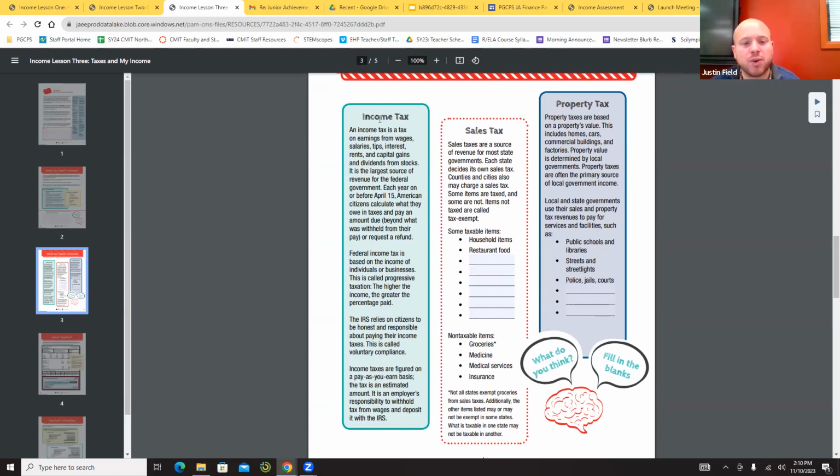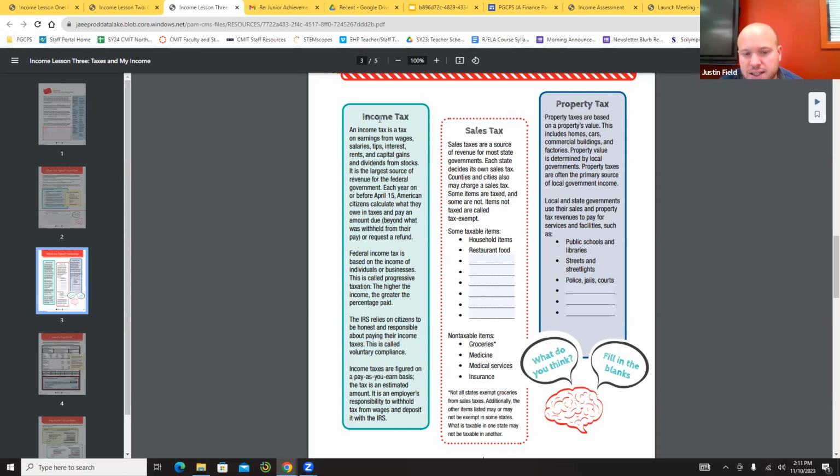Each year on or before April 15th, American citizens calculate what they owe in taxes and pay an amount due beyond what was withheld from their pay, or request a refund. Federal income tax is based on the income of individuals or businesses. This is called progressive taxation. The higher the income, the greater the percentage paid.